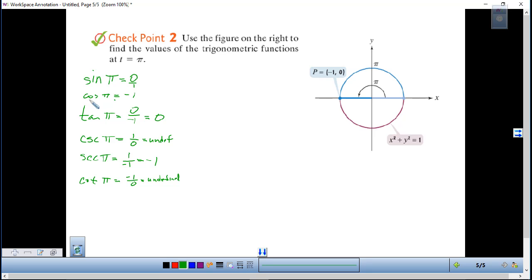With the secant, we're doing the reciprocal of cosine, so if we think about it as -1 over 1, when we flip it over, we get 1 over -1, which is -1. And the cotangent, when we flip our tangent setup over, we get -1 over 0, which is also undefined.